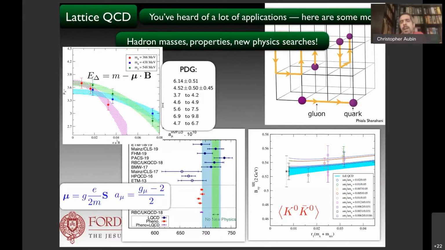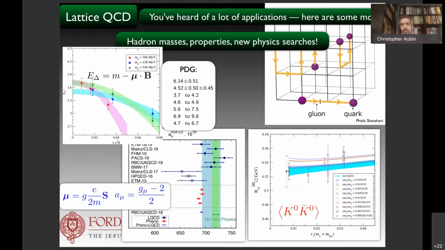Okay, and so again, as you know, we discretize space and time on a grid, a four-dimensional grid, where all of our quarks, these purple guys right here, are going to sit on the sites. Okay, and then the gluons will live on the links. They're going to live on the links between the quarks, and so they're going to cause the interactions between the gluons. So these two quarks are going to be interacting via this gluon that's sitting on these links.